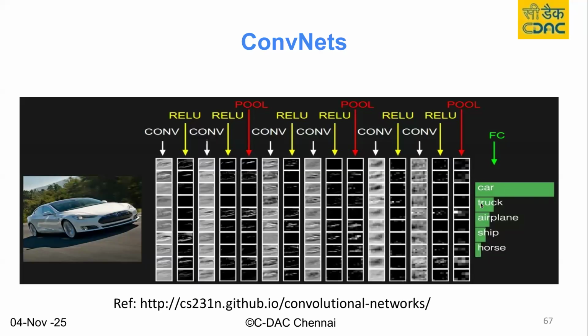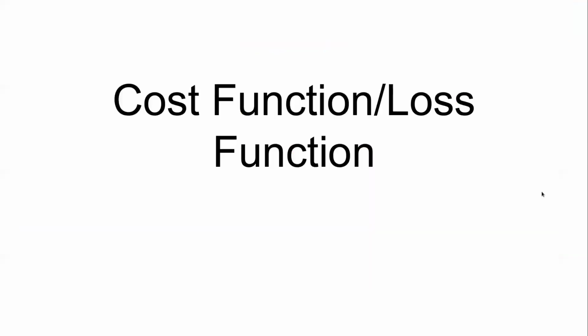Each of the 1,000 neurons will output a value. The maximum output will be for car, because a car is present in this input image. So by the probability value, we identify whether an object is present or not.